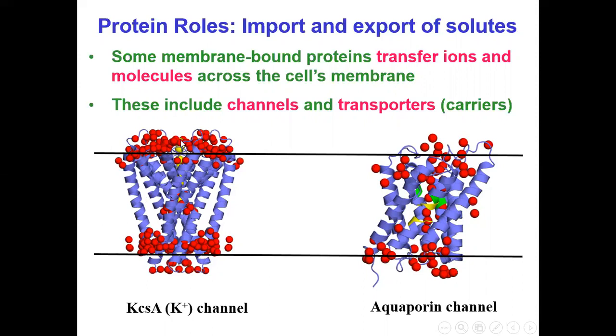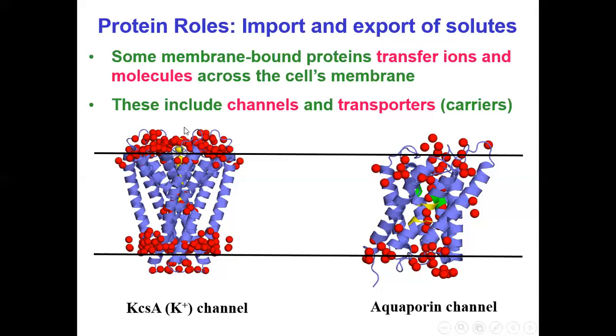It just goes through the water pore of the protein and gets to the other side. Such proteins are called channels. We can see two examples of such channels. This one transfers potassium ions through its pore, and the other one transports water molecules. And you can see more clearly here that the pore inside the protein is filled with water molecules.